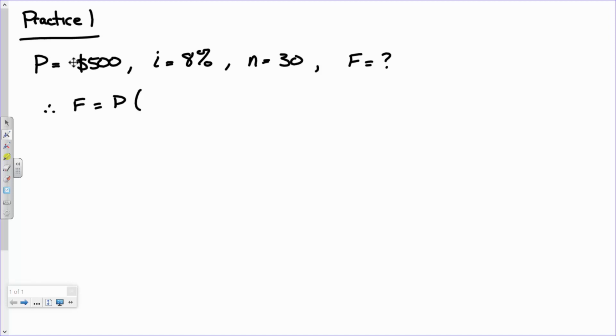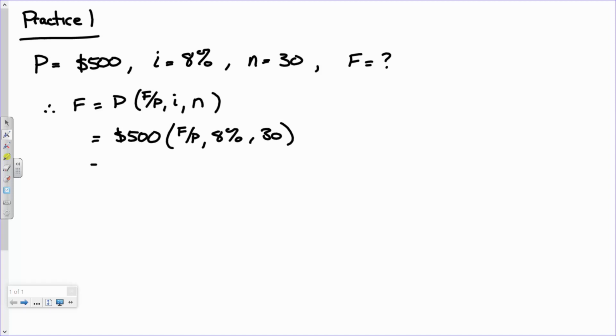You can think of this like fractions: I'd multiply by a factor, the P's would cancel, and I'd be left with a future value. I need this factor at whatever interest rate for however many years. So I need to take $500 and multiply it by the appropriate factor for 8% for 30 years. Okay, so what is that?